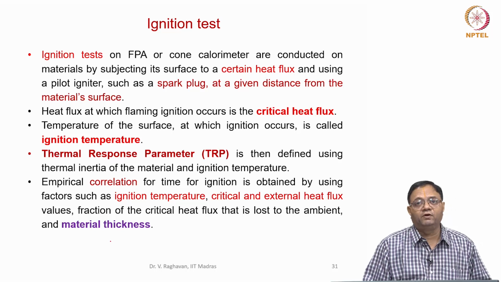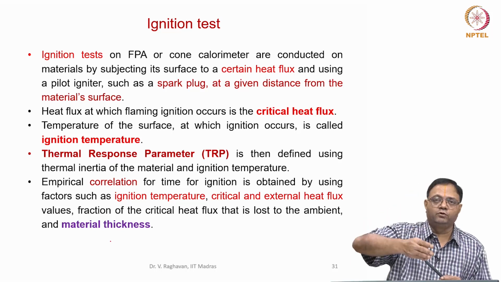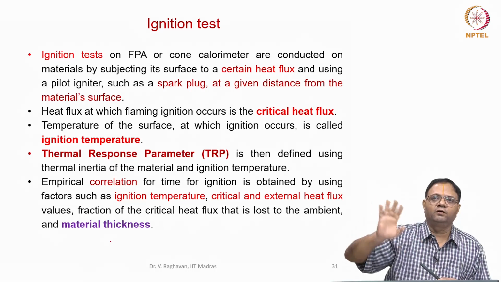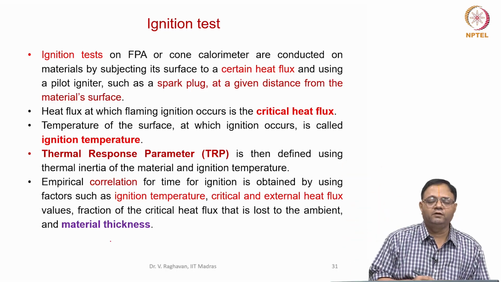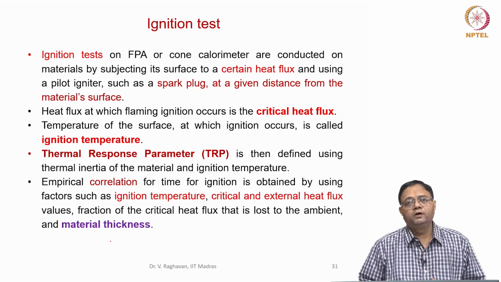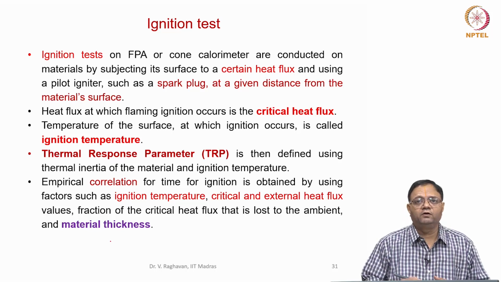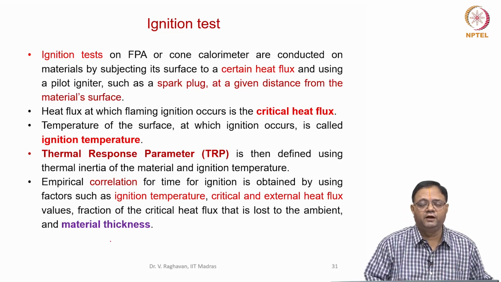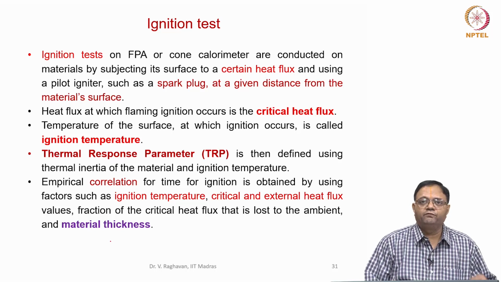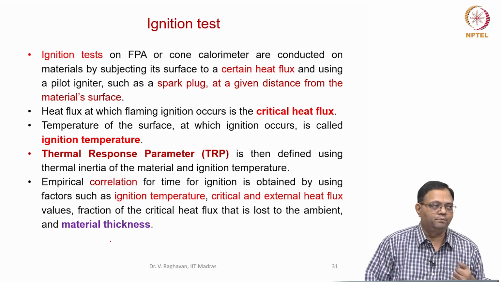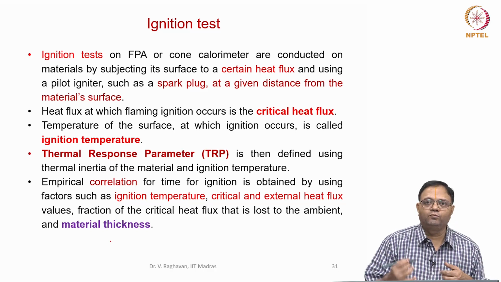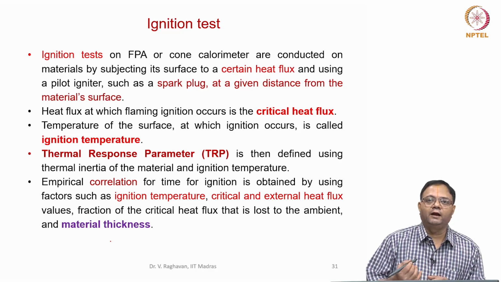That means there is a heat flux coming into the material surface, there will be some heat loss from the surface due to re-radiation, which we have already seen, and then there will be conductive heat transfer within the material from the surface to the interior. But if the heat flux is not enough, the material cannot be heated up. If the heat loss is more, the material cannot be heated up. The temperature will slightly increase and nothing will happen. So, increase your heat flux and try ignition.